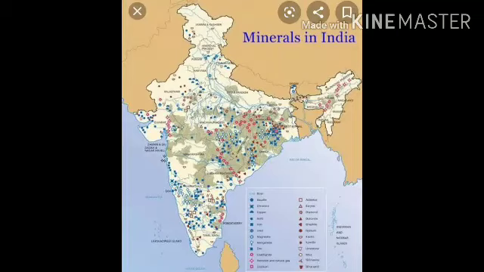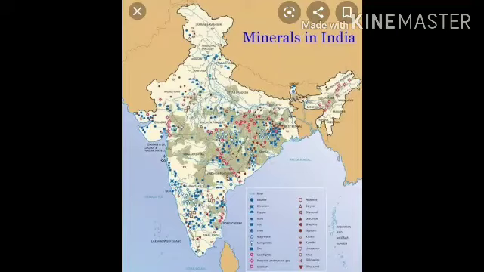And then we studied that metallic minerals are of three kinds: ferrous minerals, non-ferrous minerals, and precious metals. Metallic minerals are those that contain metal, and the minerals in which iron is contained are called ferrous.